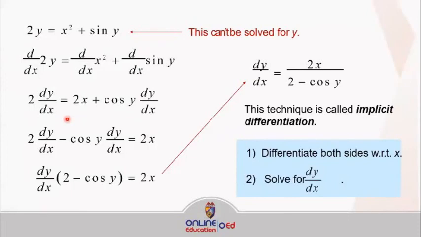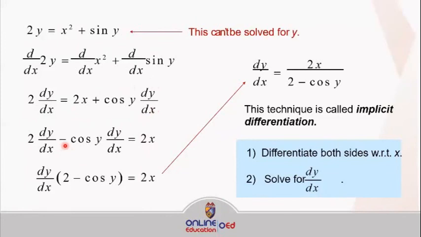And then we need also to get yung value again ni dy over dx. So lahat ng value naman dito, we have yung dy over dx kay 2 at saka kay cosine y. So pagsasamahin natin sila, we have 2 dy over dx minus the cosine y dy over dx. And then sa kabilang side or sa right hand side, we have the 2x. Kasi ang nilipat lang natin dito is yung cosine y dy over dx.